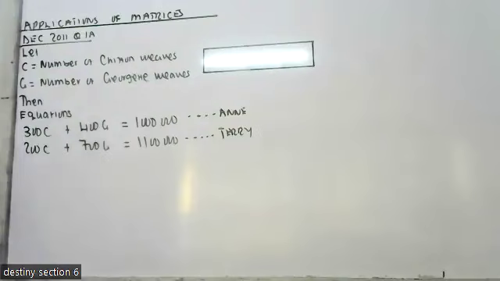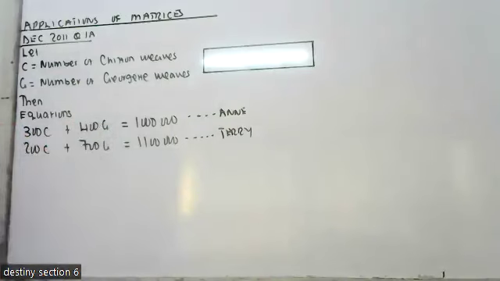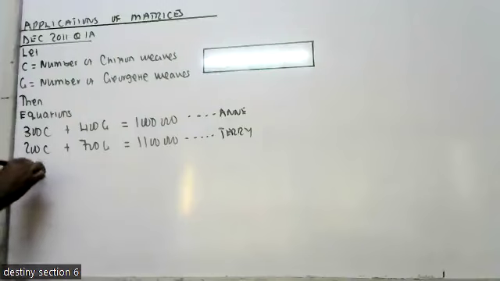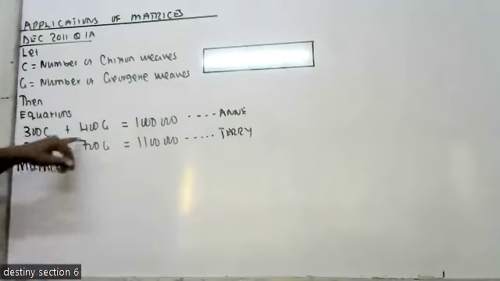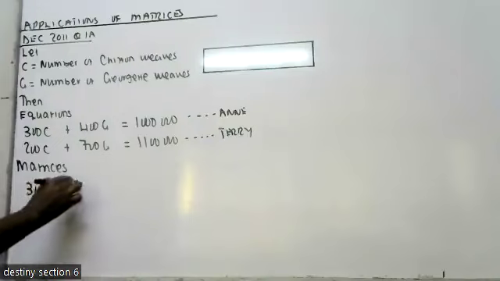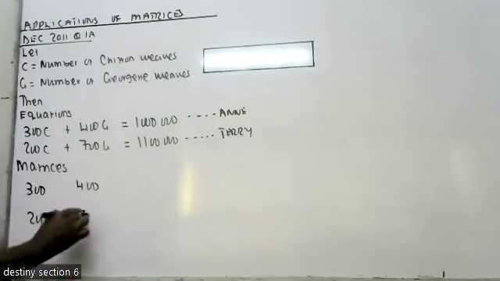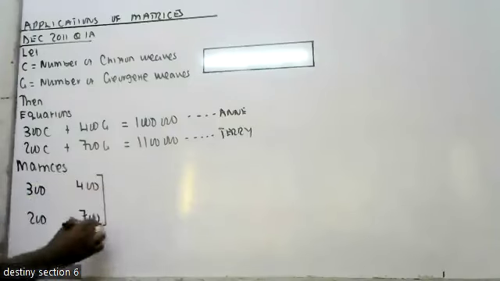So as I've told you, once you create the equations, you now create matrices. And matrices are created by getting these coefficients. So we have 300, 400, 200, 700.